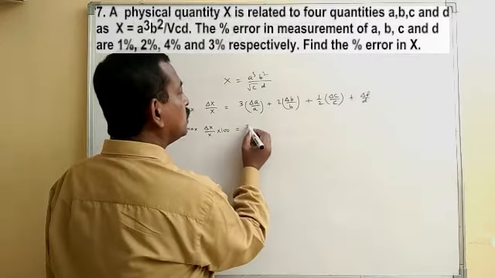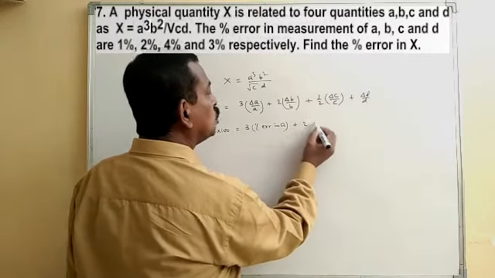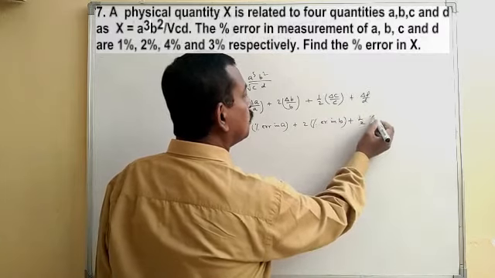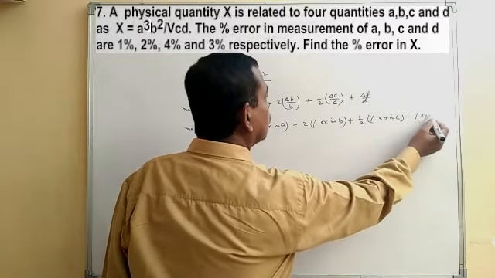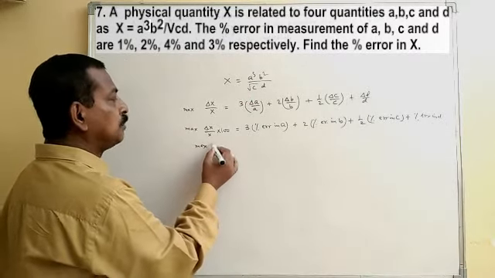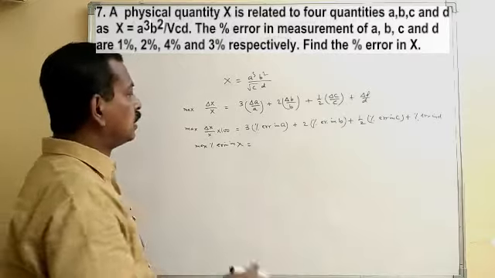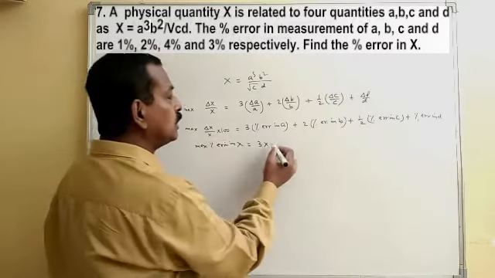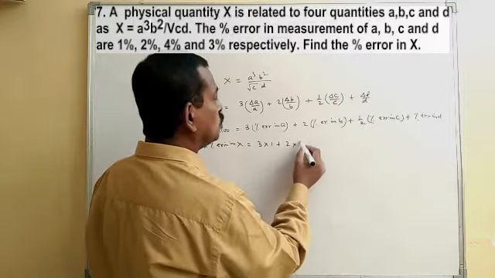So this will be 3 times the percentage error in A, 2 times the percentage error in B, half the percentage error in C, plus the percentage error in D. And this gives you the maximum percentage error in X. So this is 3, and the percentage error in A is given as 1%, so it is 3 into 1. 2, the percentage error in B is given as 2%, so it is 2.